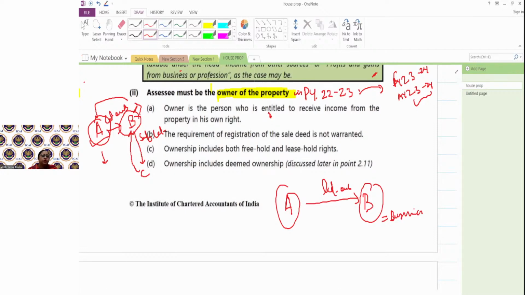I let out that shop to B, and B is running a mobile business on it. Does that matter? No, it does not matter to me. If I've let it out and the other person is doing any commercial activity, it does not matter. As I told you previously, when you are letting it out, whether it's used for residential purpose or commercial purpose, it does not matter. But the usage does matter when I talk from the perspective of the owner.